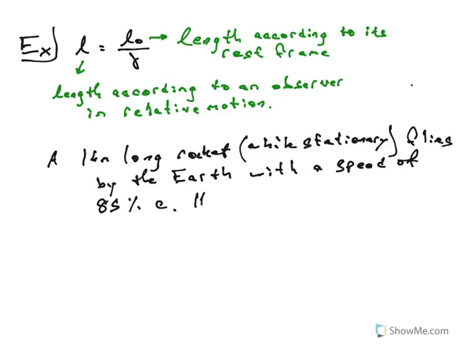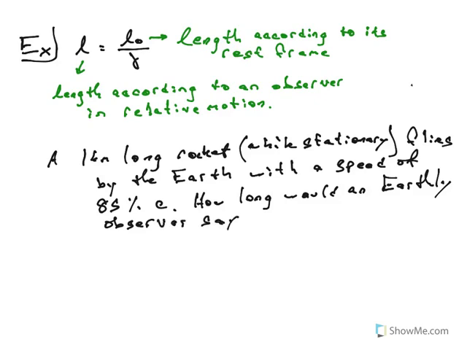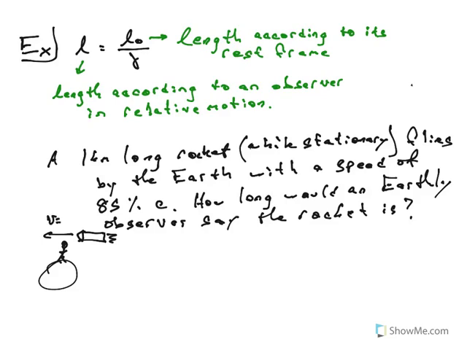The question is, how long would an earthly observer say the rocket is? Okay. So here's the picture. Here's the Earth. There you are as the observer. And here is a little rocket ship flying past you with a speed v, or u, of 0.85 c.